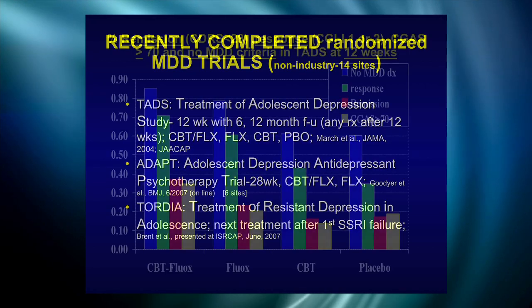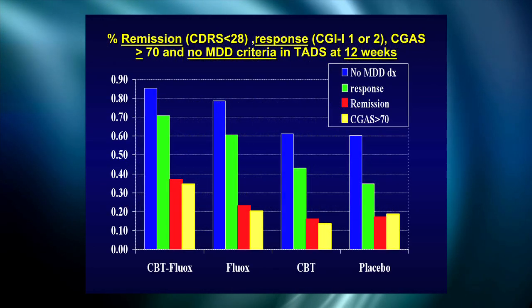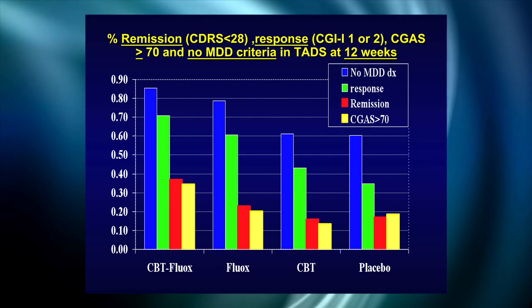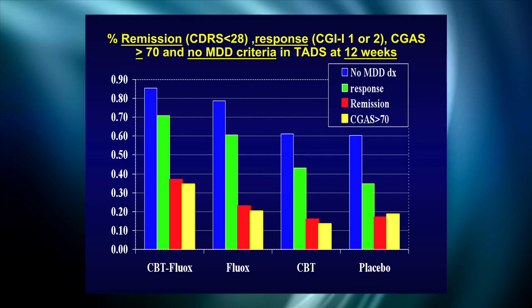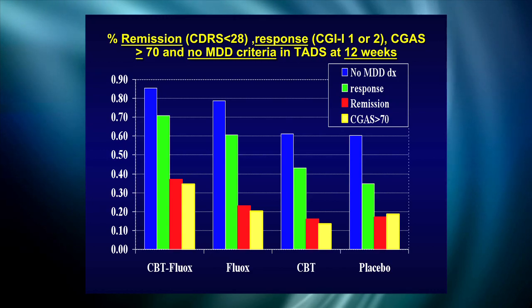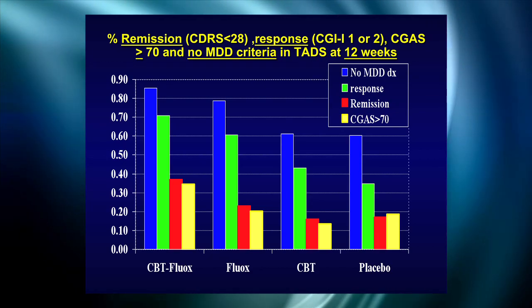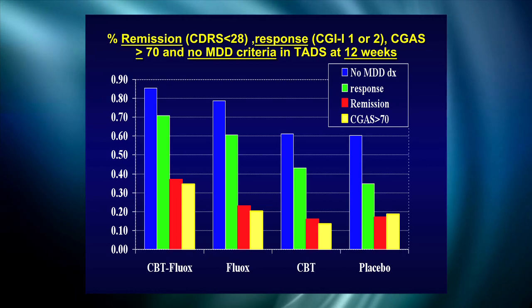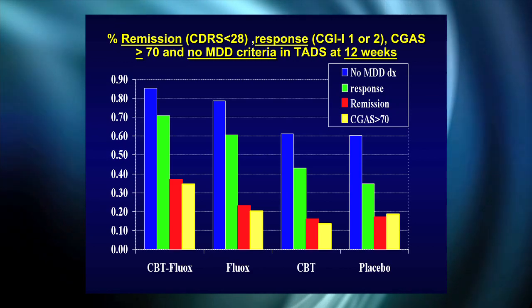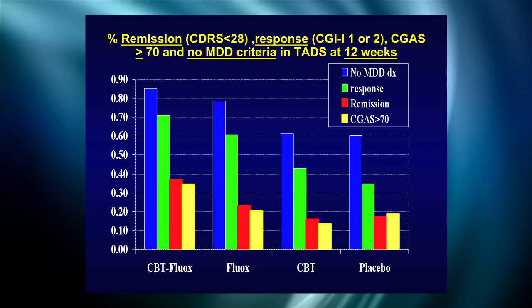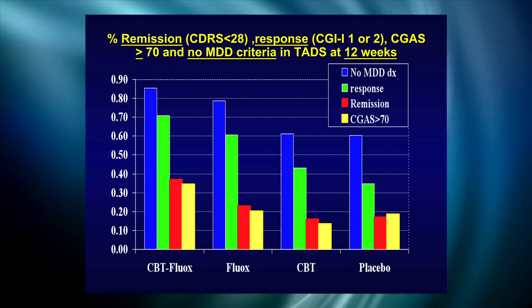Again, this is a summary of the TADS trial, and I've assembled it this way to make a couple of points. I look here at the various arms: combination, fluoxetine, CBT, and placebo. The point that I want to emphasize here is you can get different rates of improvement depending on what metric you use. If you use no longer meets criteria, you're up to about an 80% response or recovery.